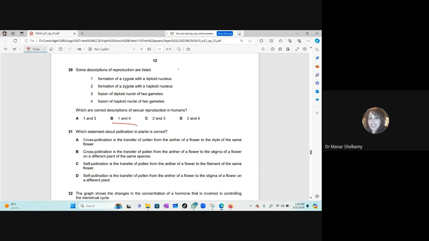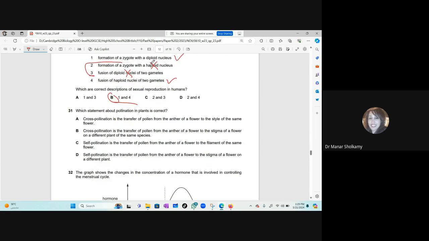Formation of a zygote with a diploid nucleus, yes. 4. Fusion of haploid nuclei of 2 gametes, yes. Looks right to me. Then 2 and 3 must be wrong. Formation of a zygote with a haploid nucleus, wrong, of course. Fusion of diploid nuclei, no. Of 2 gametes, no. So it's correct. 1 and 4. The answer is B.